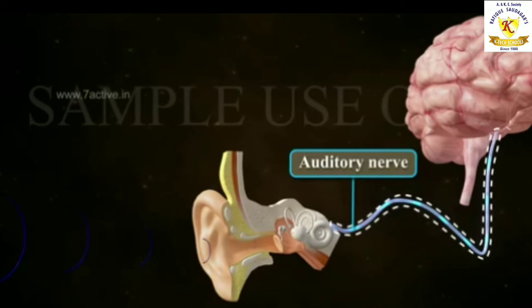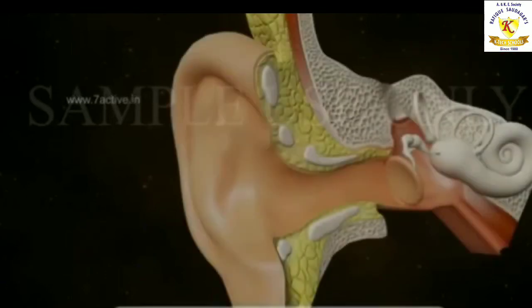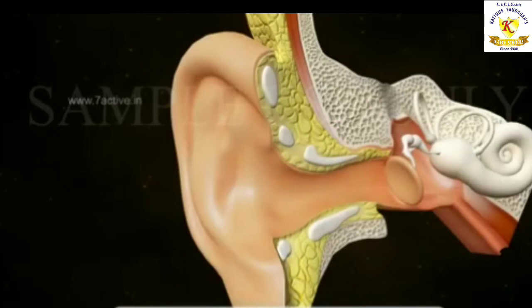Look here, this is the auditory nerve. So, the human ear is mainly classified into three portions. And what are they?